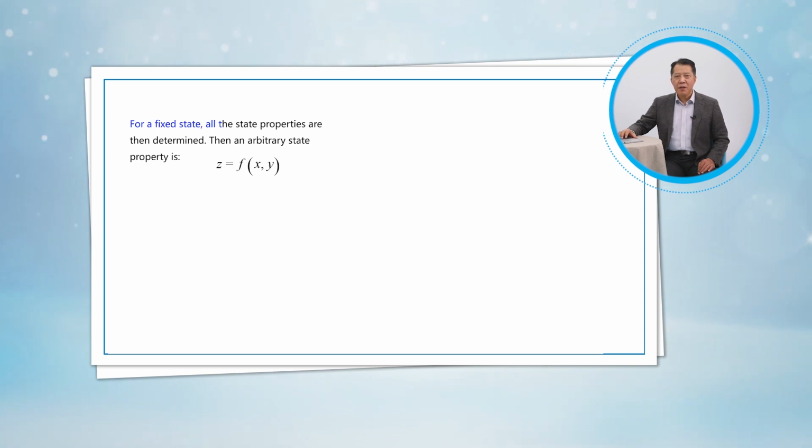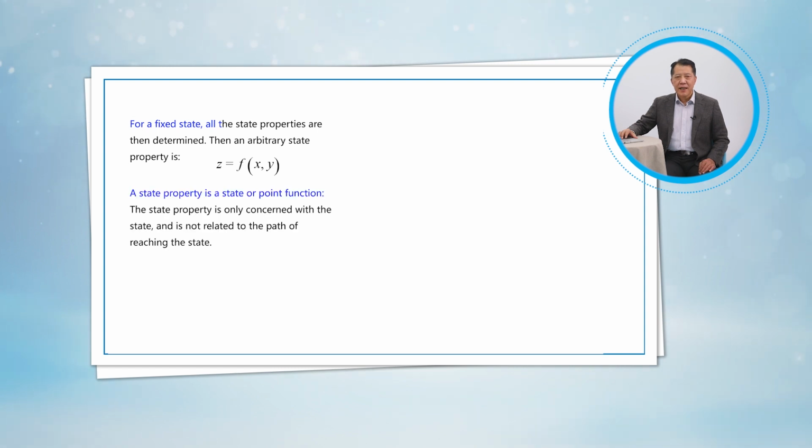Then, an arbitrary state property is z = z(x, y). A state property is a state or point function. The state property is only concerned with the state and is not related to the path of reaching the state.